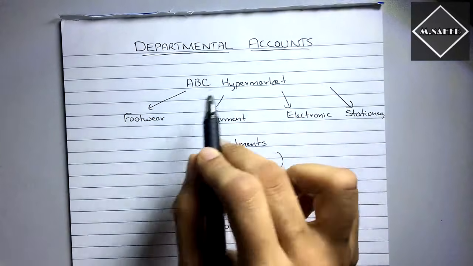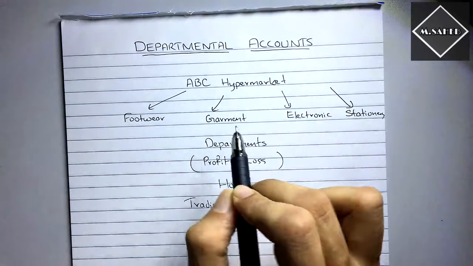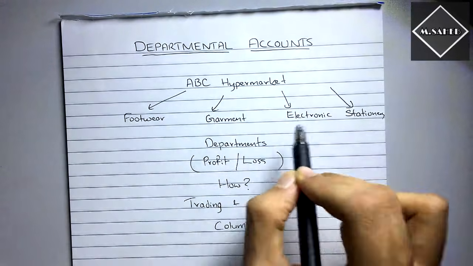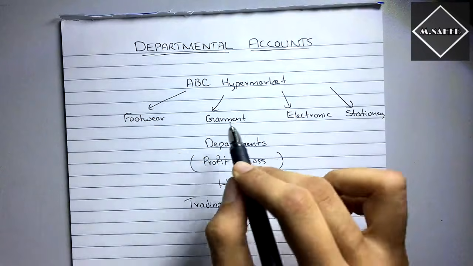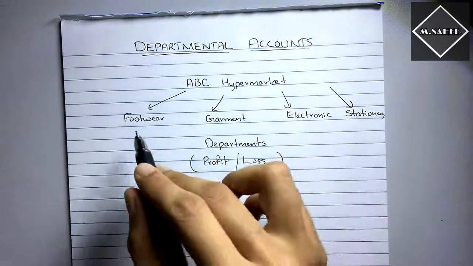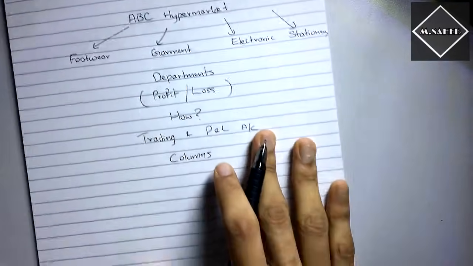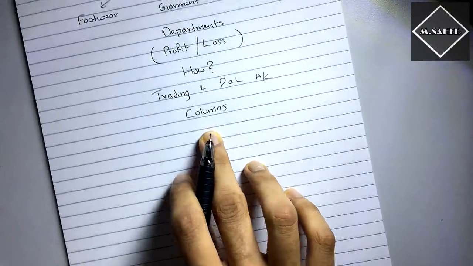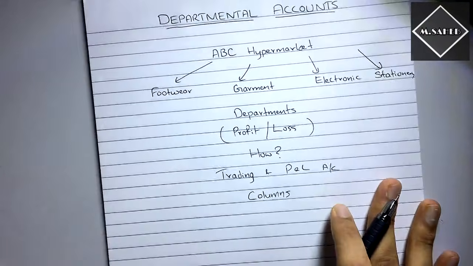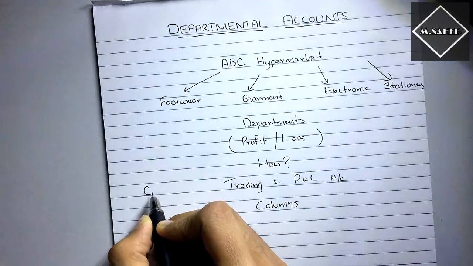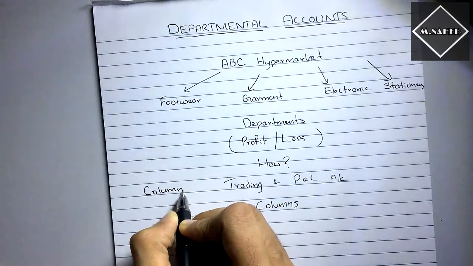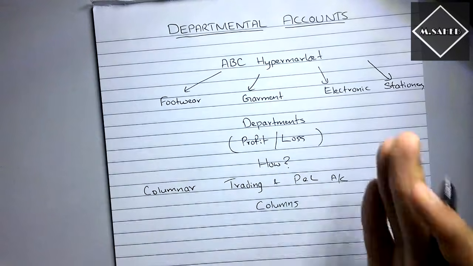Now we are going to do it for lots of departments, so the variables are a lot over here. So we are going to call this a columnar trading and P&L account, because it will have a lot of columns.